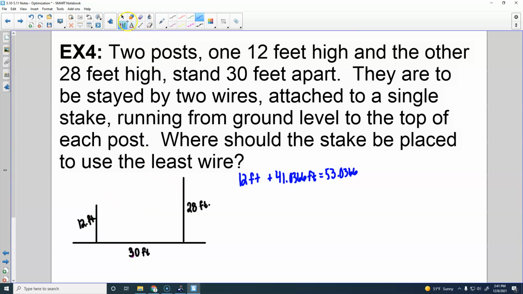Or we could do it this way. Like that. That'd be 28 plus, all right, so we get 32.311, and that's 60 point something, so that's worse.